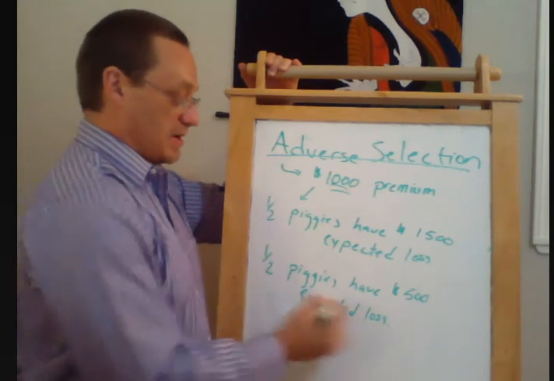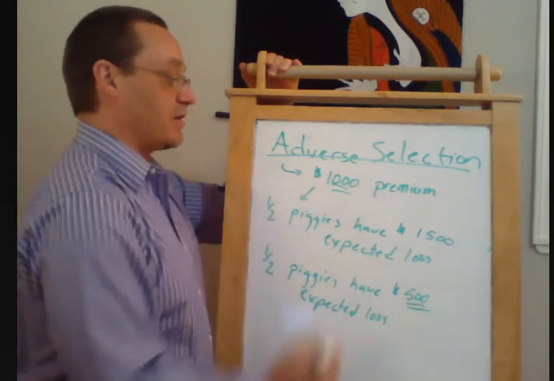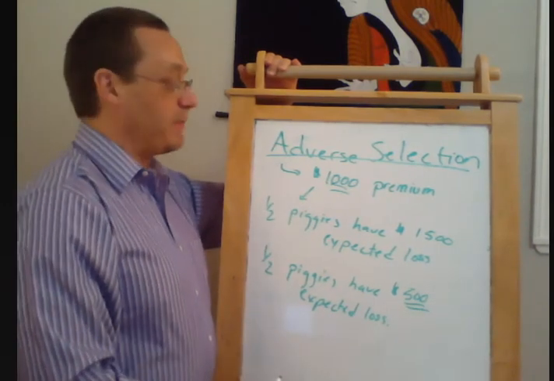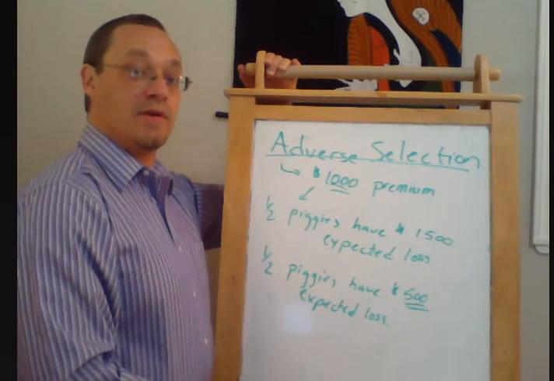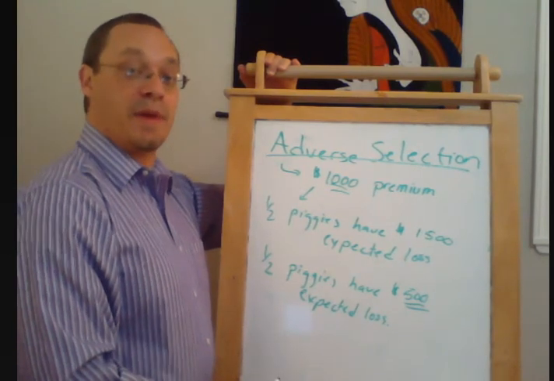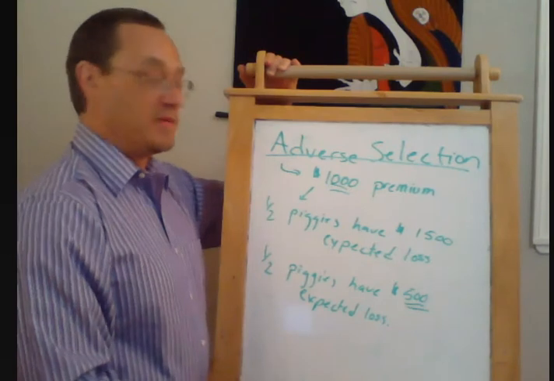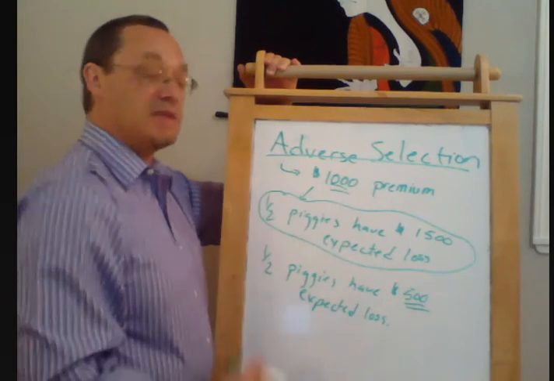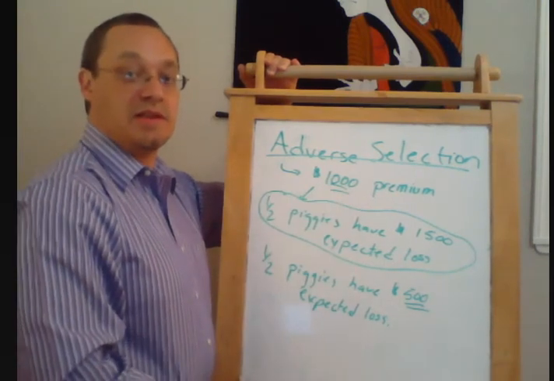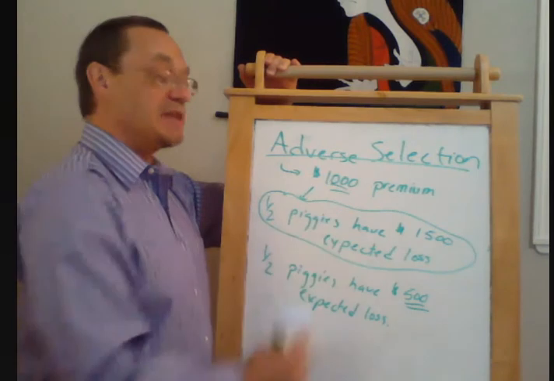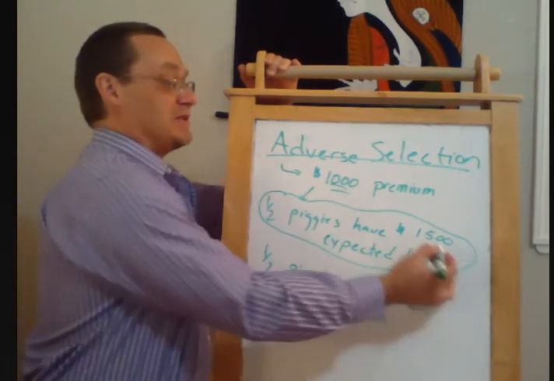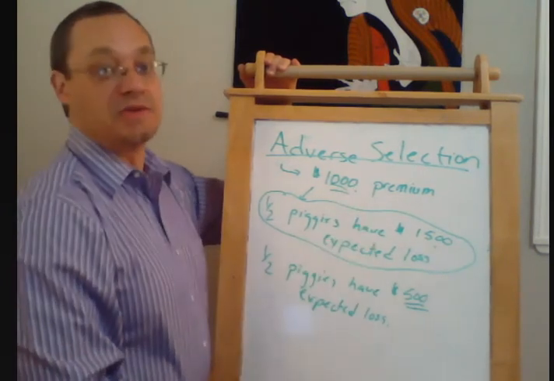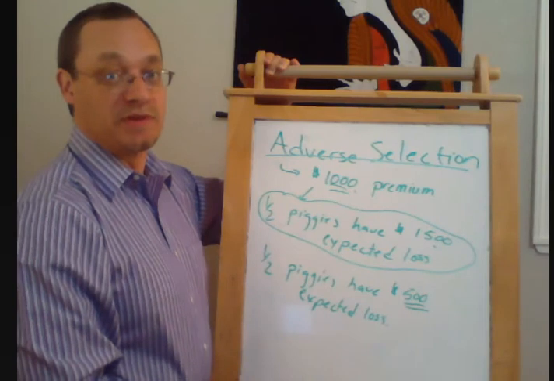Now what's going to happen is that these low-risk piggies are going to look at the $1,000 premium compared to their expected loss, and that insurance policy is not going to look very appealing to them. And in fact, they may not buy that insurance policy, or at least not all of them will. But for these other piggies, the high-risk piggies, not only does this insurance protect them against the uncertainty of life, they actually make money on average because their expected losses are $1,500 and they're only paying $1,000 to escape $1,500 worth of expected loss.